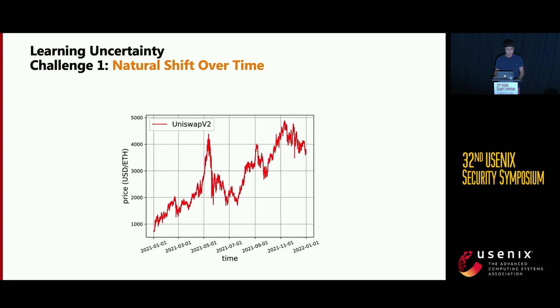The first challenge is learning uncertainty under natural shift over time. As we know, the Ethereum price, for example, changes unexpectedly over time. Its value dramatically increases and decreases.